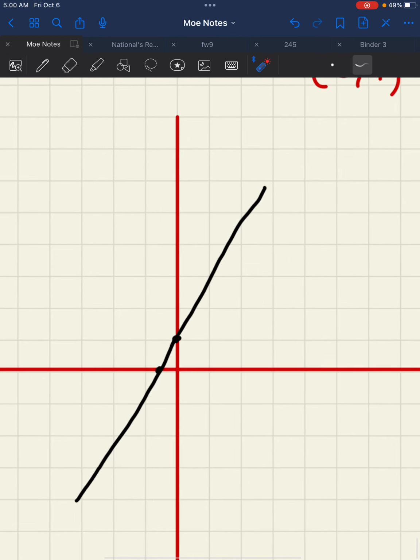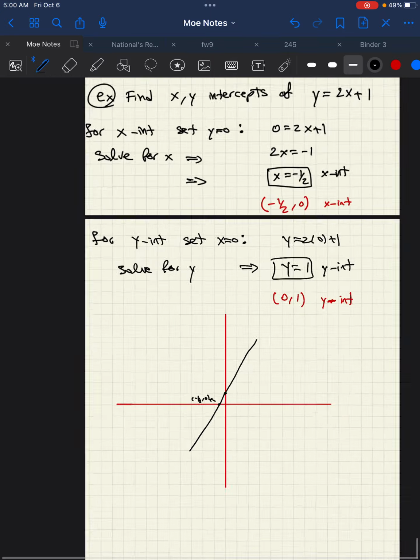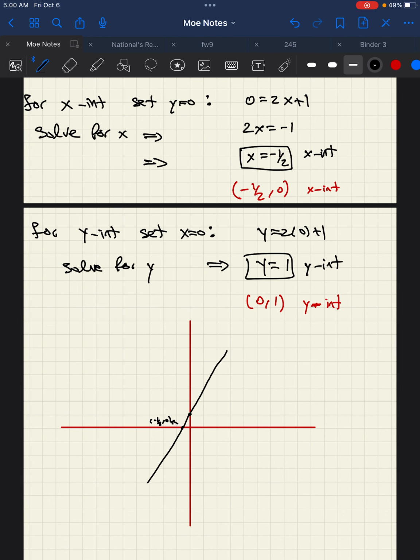And I drew it here. Negative half and 0. That's that point. And then for y-intercept, now you got to set x equals 0. That's a rule. That's always how you do it.